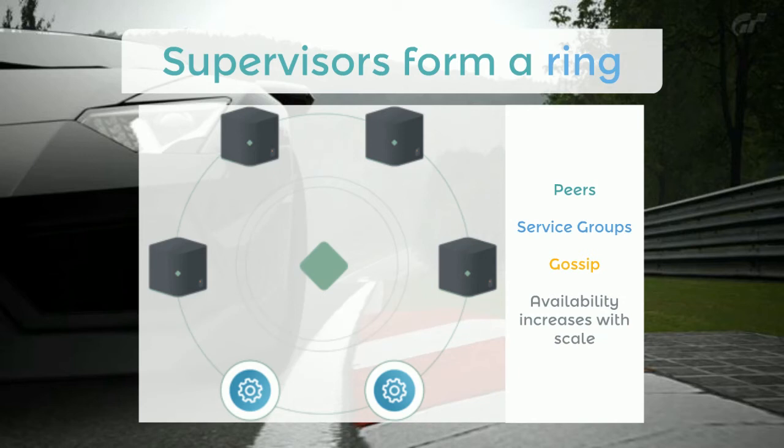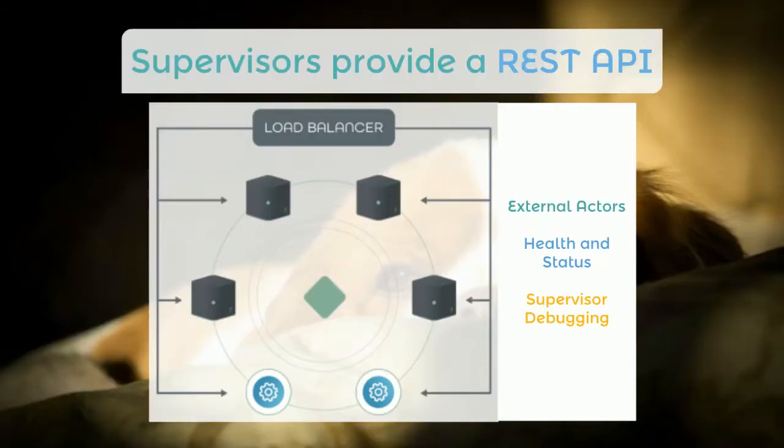Yeah, and the supervisors, aside from forming this gossip mesh, also provide a REST API. That REST API gives you the ability to easily query various bits and pieces of data from outside of Habitat. It's great for debugging. Out of the box, we provide a config endpoint that will allow you to see the available configuration from your package.